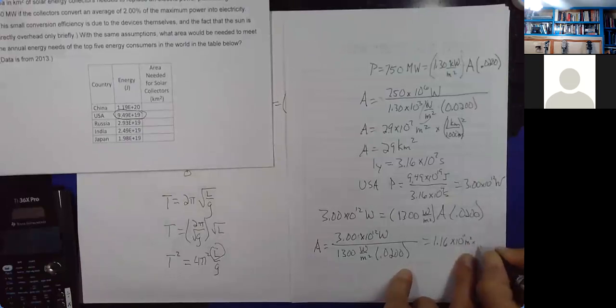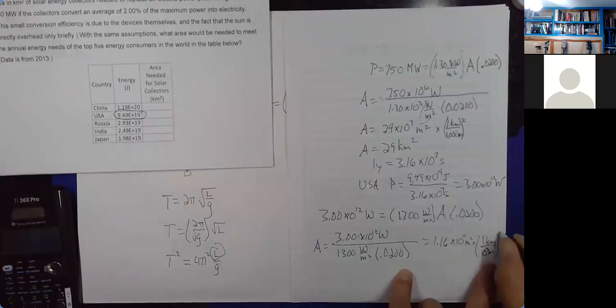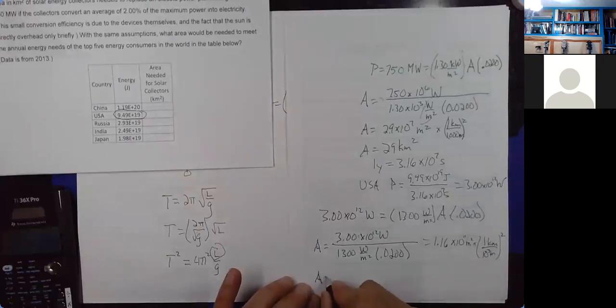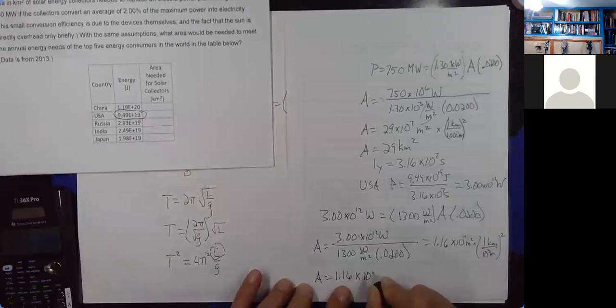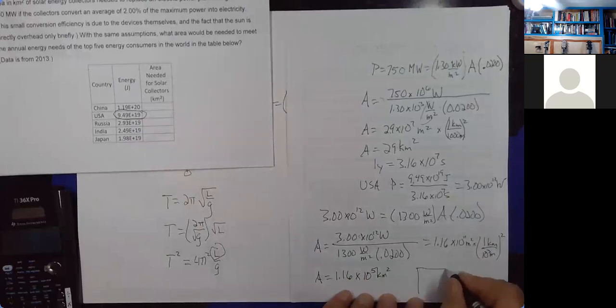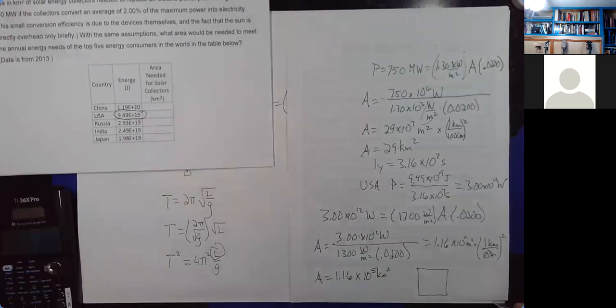But again, if I multiply that by 1 kilometer over 10 to the 3rd meters and square that, I'll be dividing by 10 to the 6th. And so I'll get an area of 1.16 times 10 to the 5th kilometers squared.